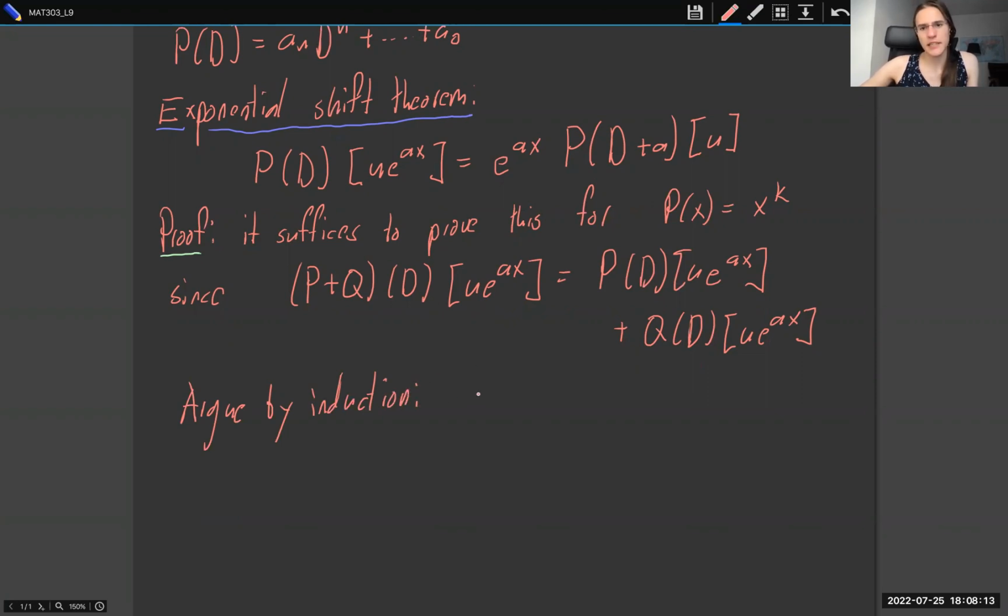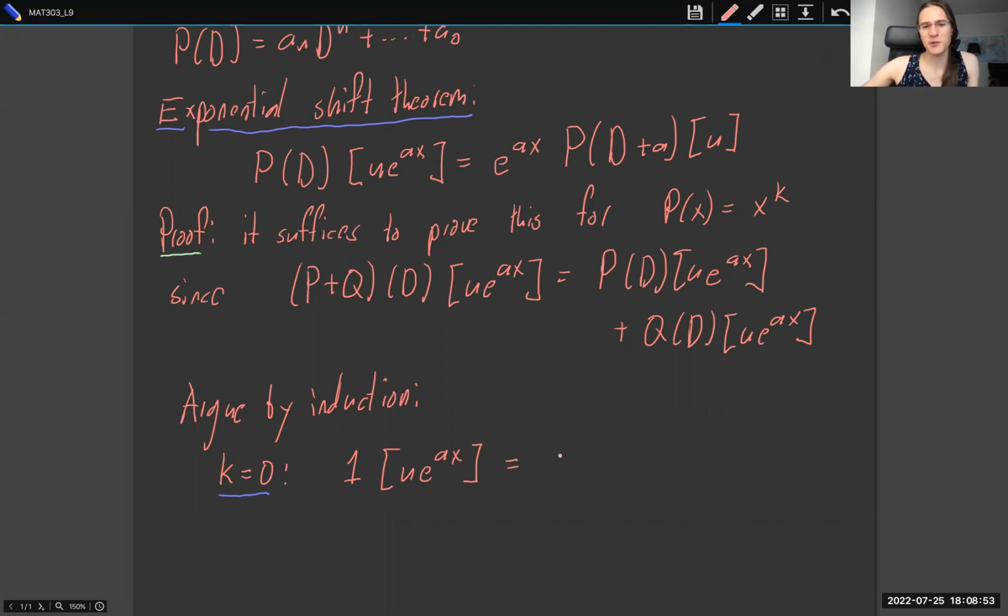So case one is that k is equal to 0. For the k equals 0 case, we have that P of D is just the identity operator. So we have 1 applied to u e to the ax.